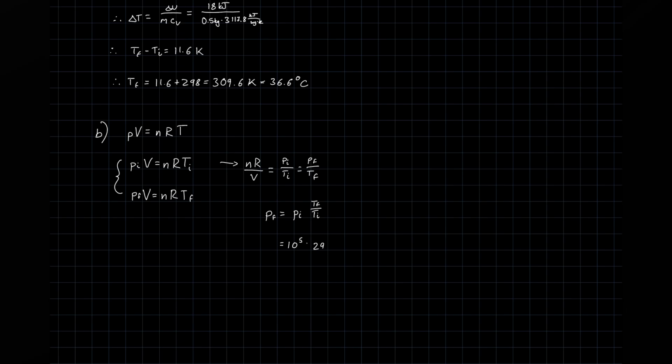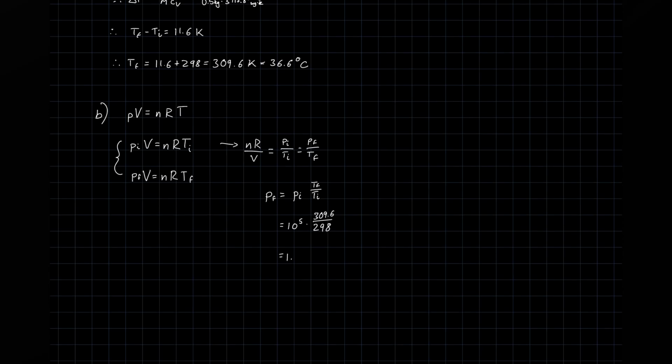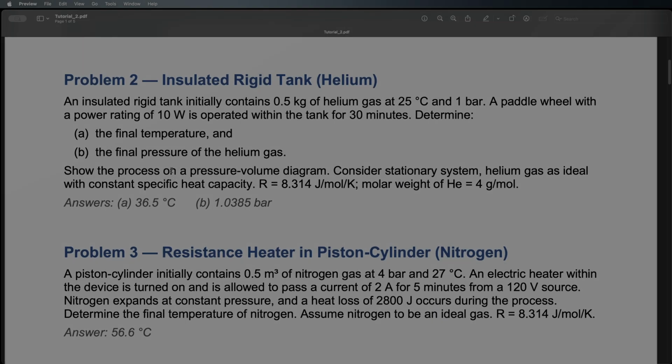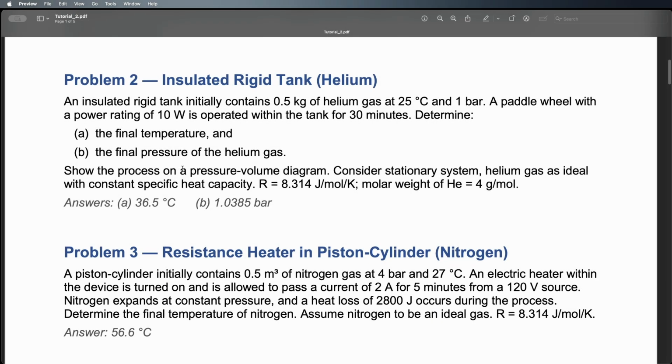Our initial temperature was 298 Kelvin, and our final was 309.6, which gives us 1.0386 bar. I'm going to assume this is slightly off, by one figure. Honestly, I think it's just a rounding error somewhere, so it should be fine.